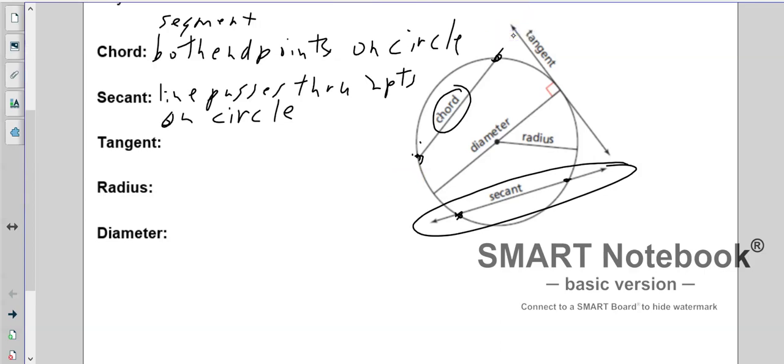All right? Now a tangent, that's this one right here. You can see it's outside the circle, and it looks like it's touching from here to here. It's really not. It's only touching at one point.